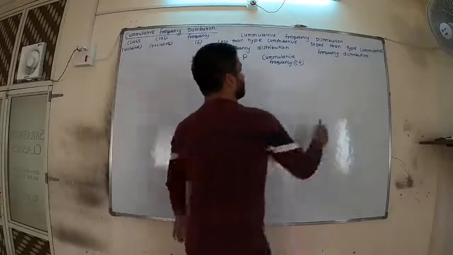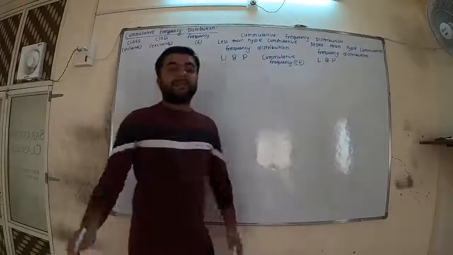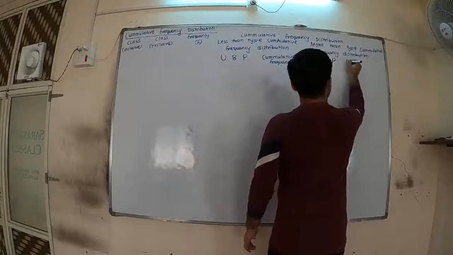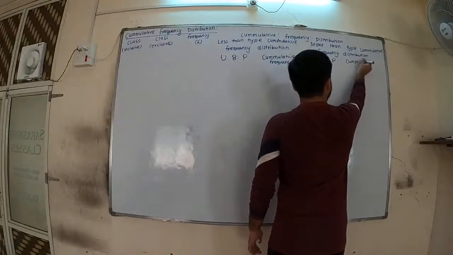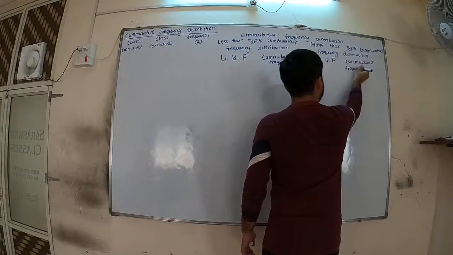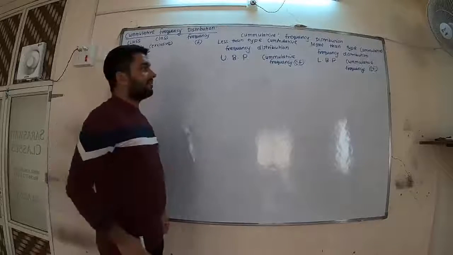Opposite to it, here it is upper boundary point, so here it will be all the lower boundary points and last upper, lower boundary points and cumulative frequency CF. So these are the columns.